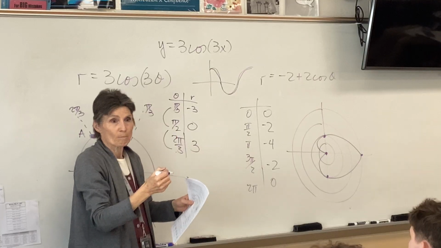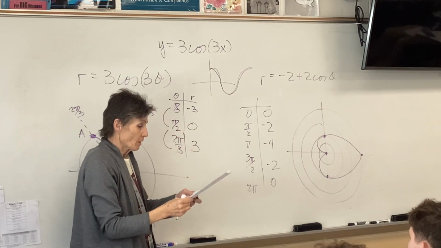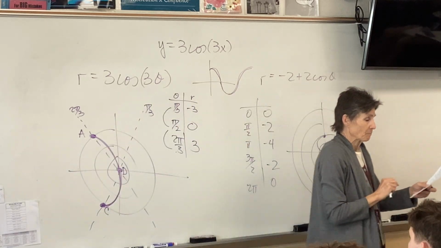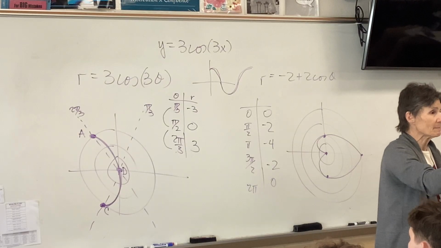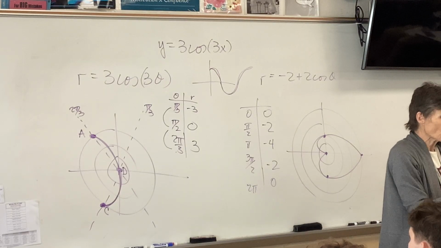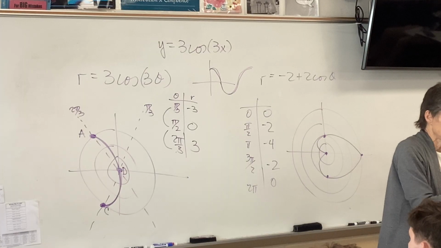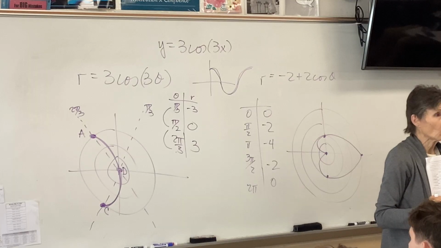It's easier for me on that picture than it is on the polar picture. Okay, so on page 1 of these notes, he kind of goes through all that. He's graphed the limaçon, and then he's graphed the corresponding rectangular equation. So there's your polar, there's your rectangular, same equation.